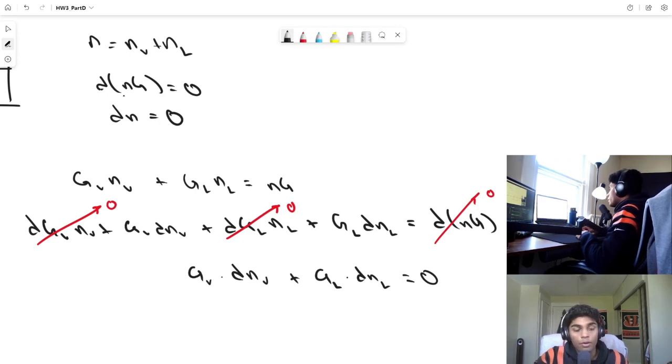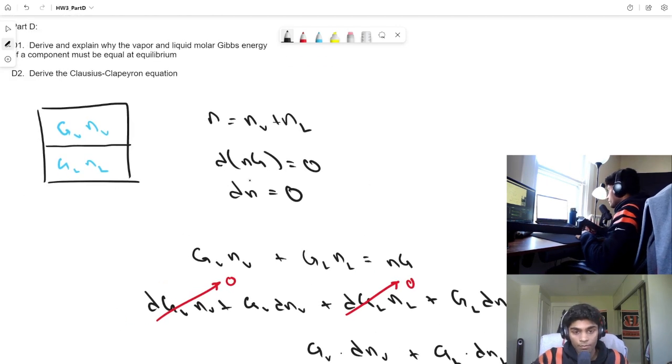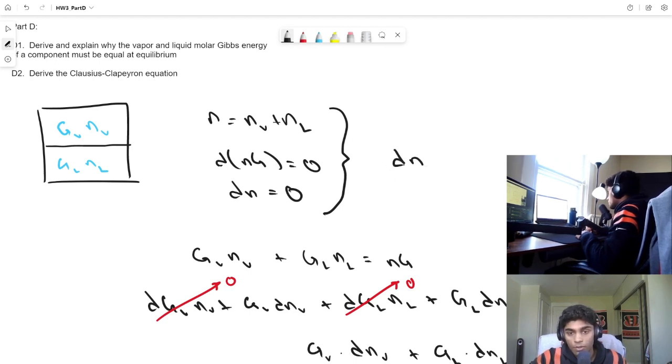Now up here, using all of this, we can say that the differential of the moles in the vapor phase is equal to the negative of the differential of the moles in the liquid phase.